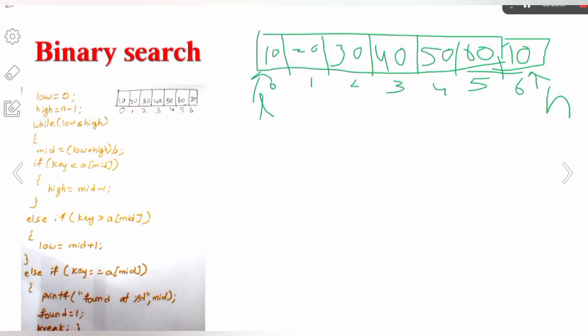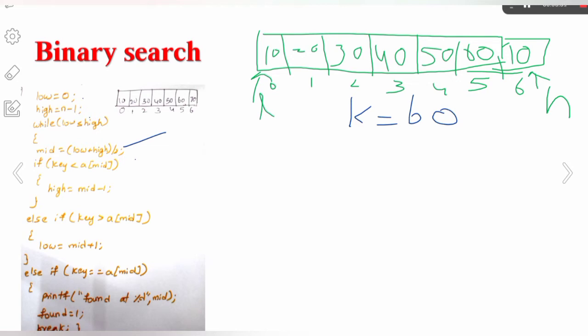Consider a list of elements stored in the array A as 10 to 70. The key element that we want to search is 60. To obtain the middle element, we apply the formula middle equals low plus high by 2. We know that low equals 0 and high equals n minus 1, that is 6.